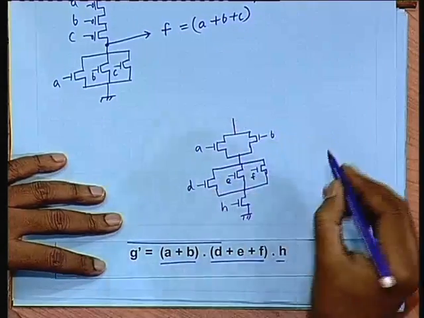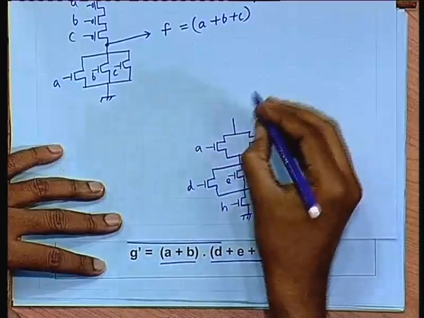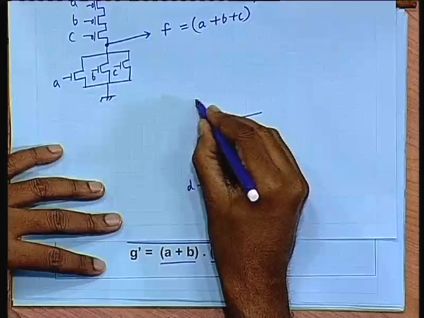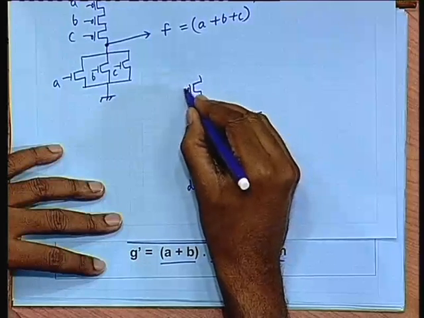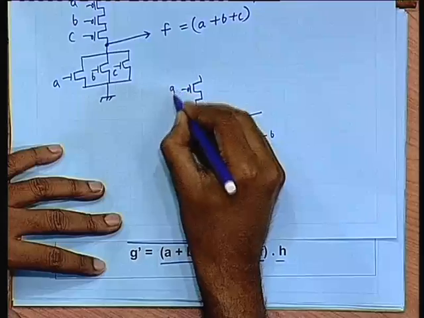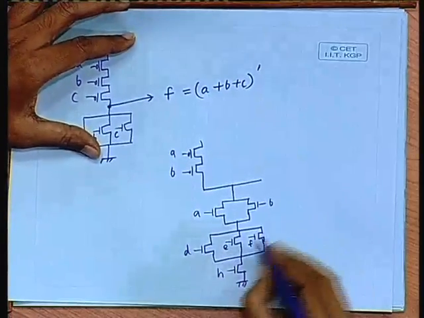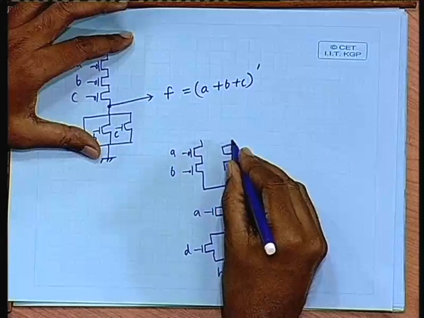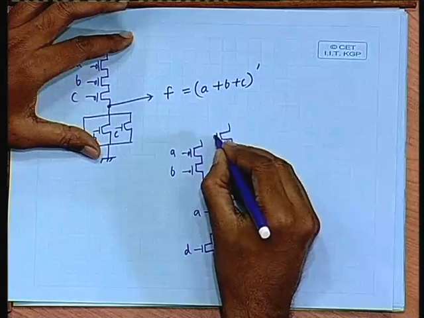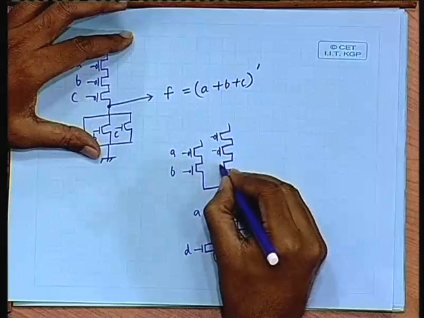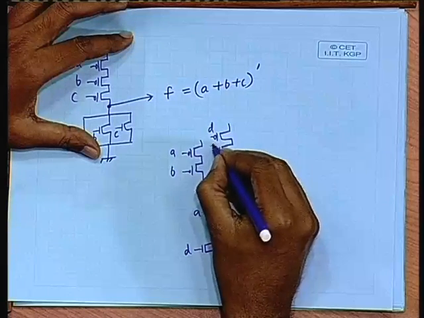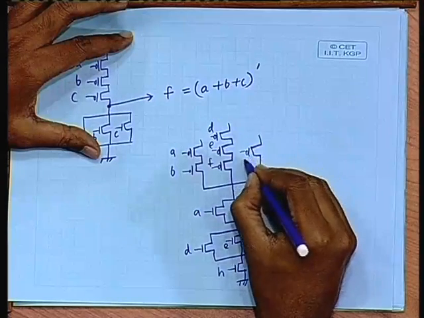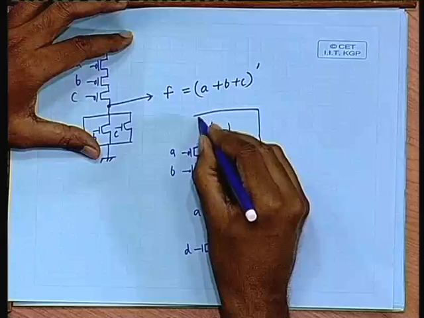Similarly, pull up network will be the complement of this. So, it will be parallel combination of AB, these will be PMOS A and B, then there will be another part DEF, 3 transistors in series, this will be D, E and F, and another part only H. So, this will be connected to the pull up network.